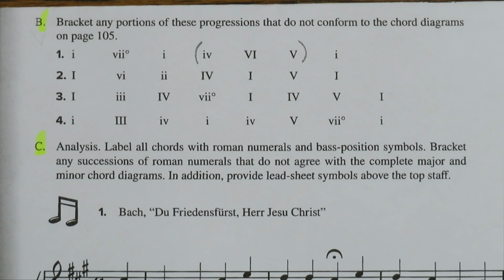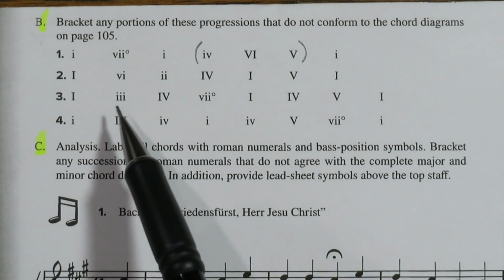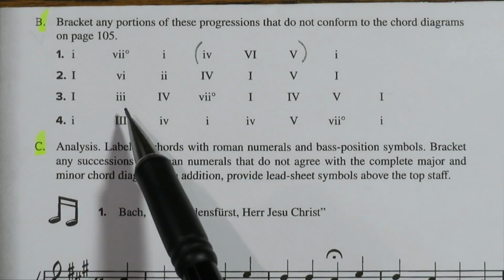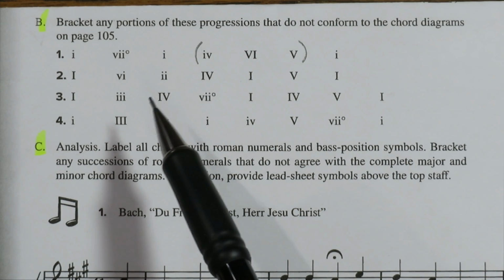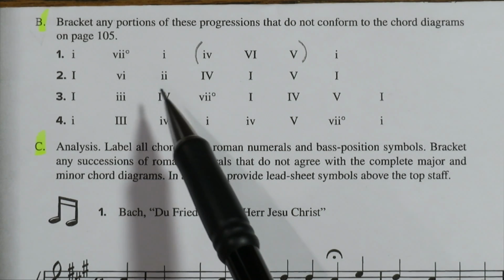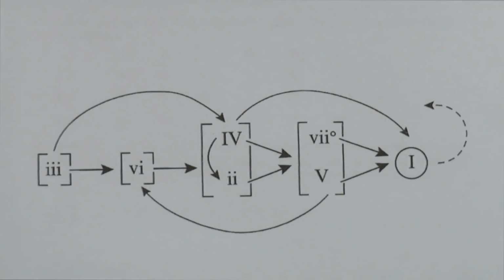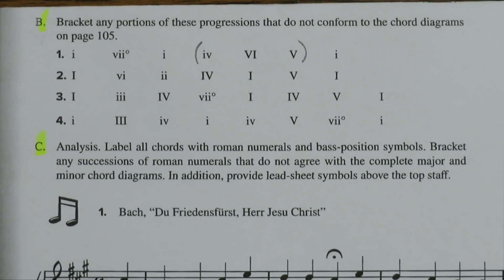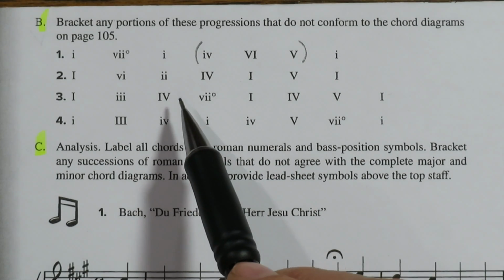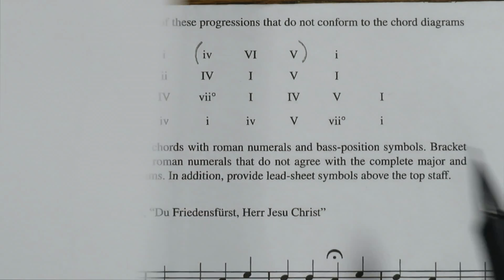All right, so number 3, we're back in major, and we have the 1 to the 3. We know 1 can move to any chord. Now, does the 3 like to go to the 4? Now we see here, yes, that it does. Does the 4 like to go to the 7?